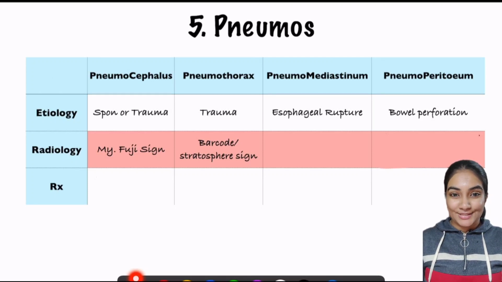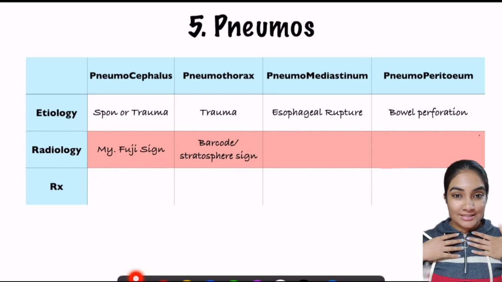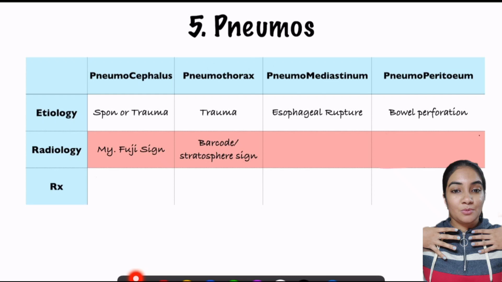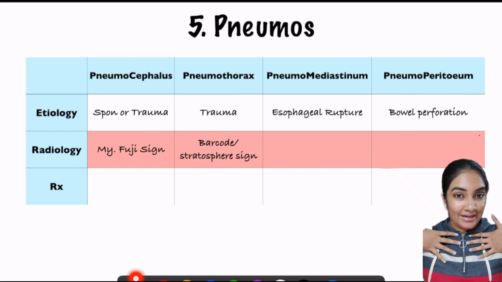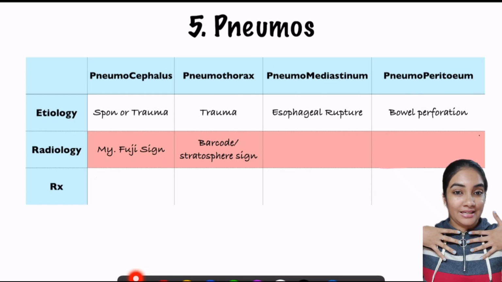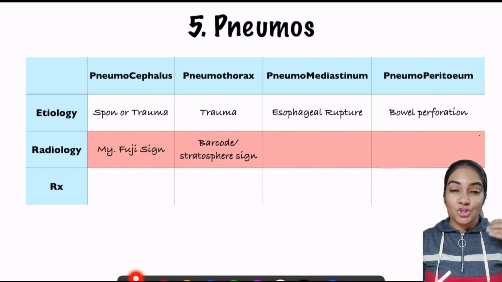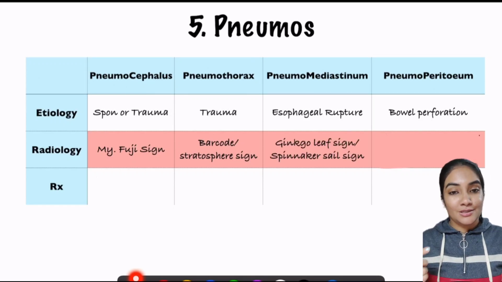Pneumomediastinum, again a very interesting radiological feature here. If air fills in your chest, it has to fill between the layers of your pleura, right? It will fill like this, these lines here, and this is called the ginkgo leaf sign or the spinnaker sail sign.